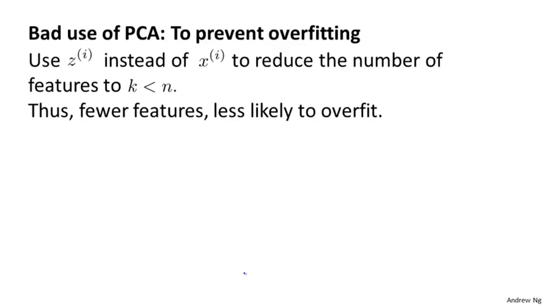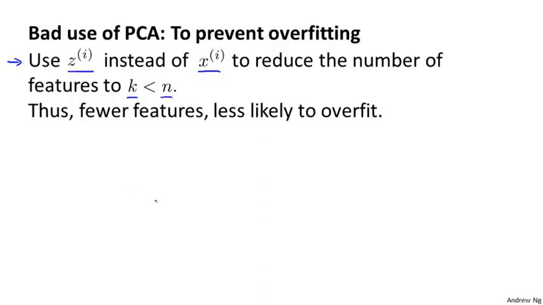This is not a great way to use PCA, but here's the reasoning behind this method. If we have xi, then maybe we'll have n features, but if we compress the data and use zi's instead, then that reduces the number of features to k, which could be much lower dimensional.